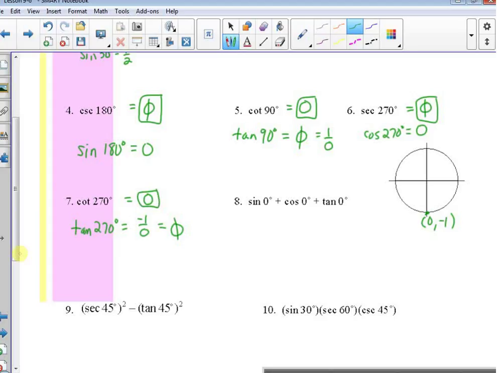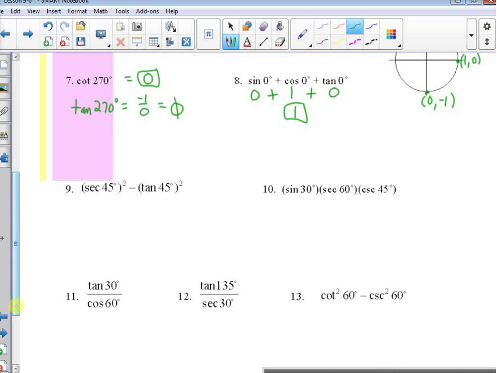Then I'm doing the sine of 0. Okay, so that's the y-coordinate here, which is 0. The cosine of 0, which is the x-coordinate there, that's 1. And the tan of 0 is 0 divided by 1, or 0, so this just ends up being 1. Next, the secant of 45 squared means I want the cosine of 45 flipped.